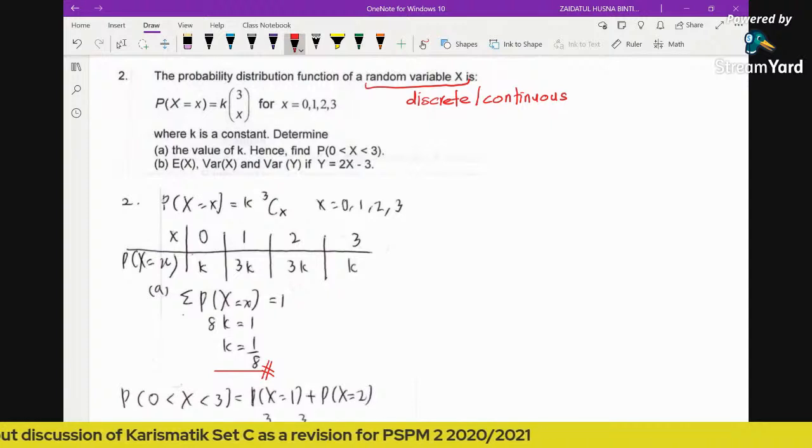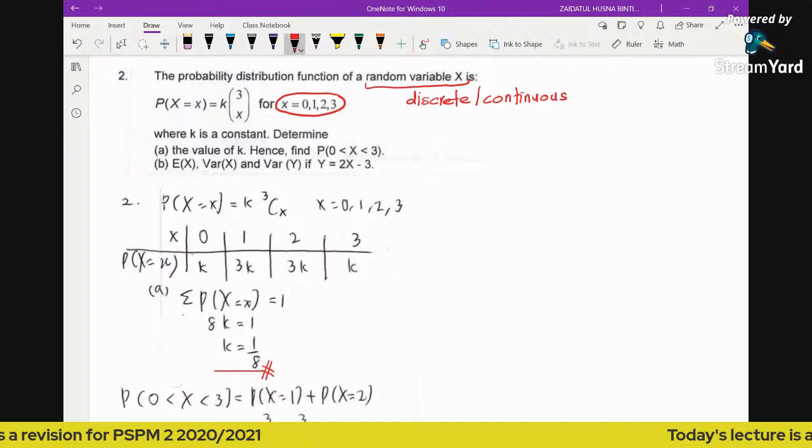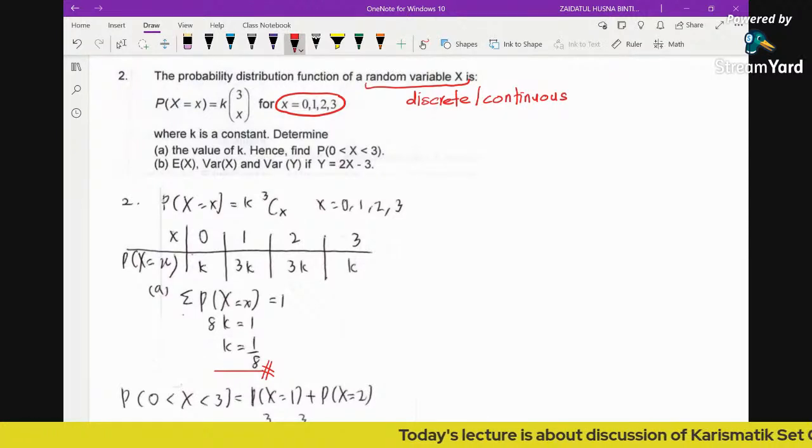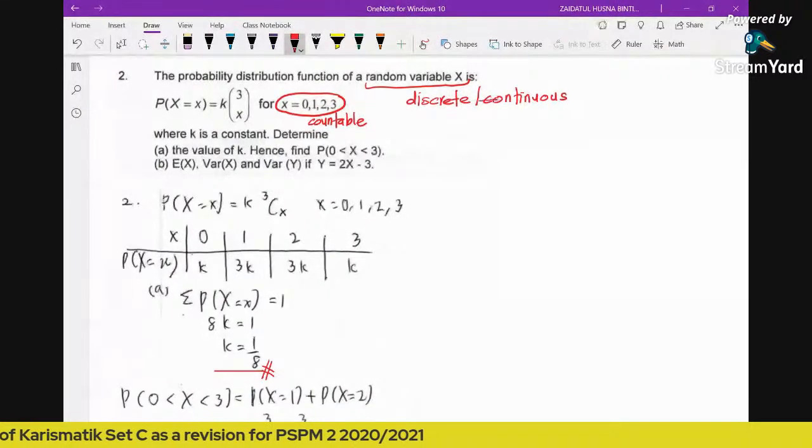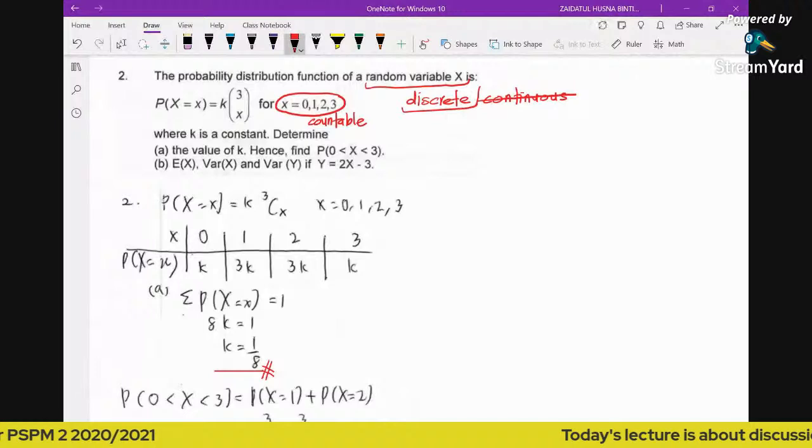What you need to do is just look at it. In this particular question, X is declared as 0, 1, 2, 3. So they must be discrete, because these are countable numbers. If they are countable, we may exclude the continuous possibility. So we know for sure this is going to be discrete.